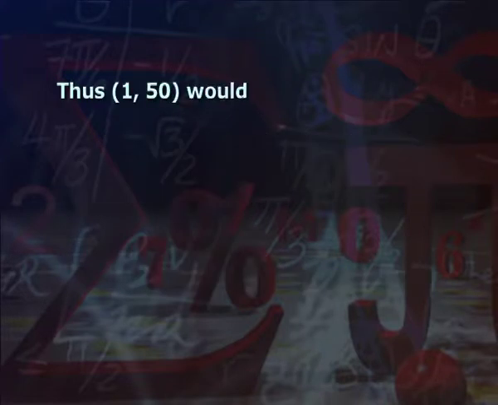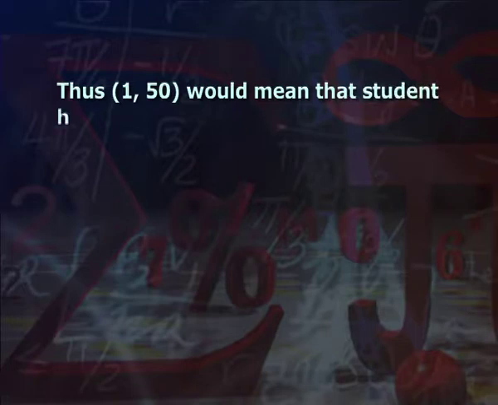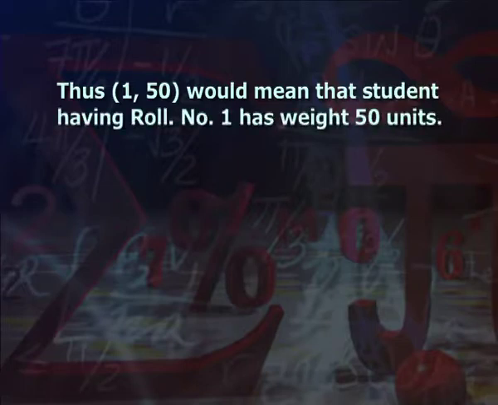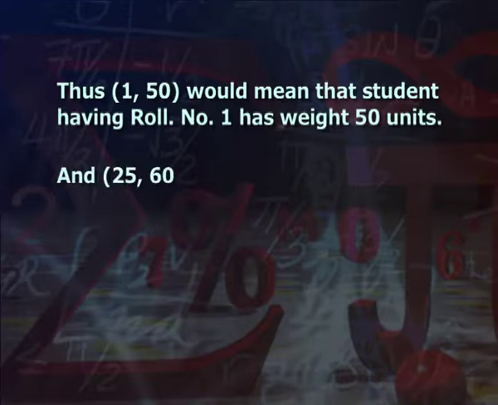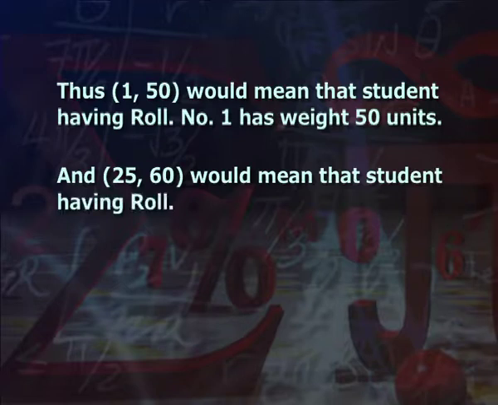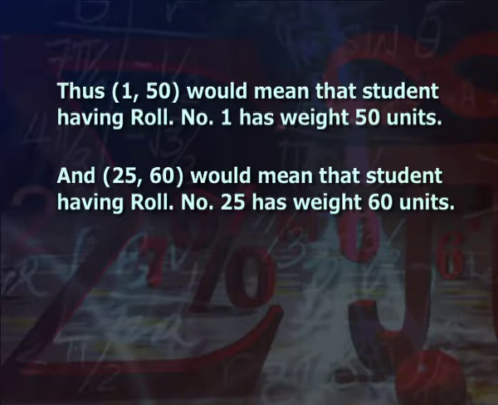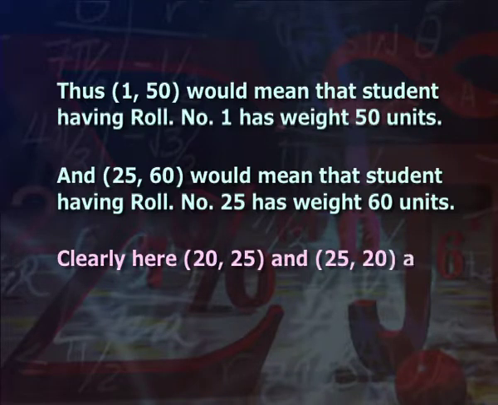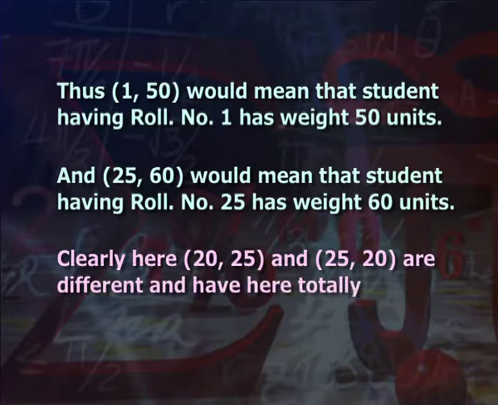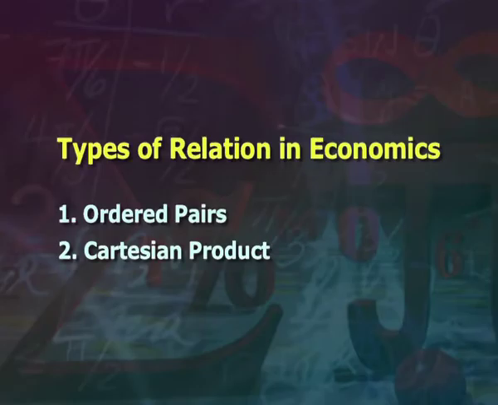Thus, (1, 50) would mean that the student having roll number 1 has weight 50 units, and (25, 60) would mean that the student having roll number 25 has weight 60 units. Clearly here (20, 25) and (25, 20) are different and have totally different meanings.